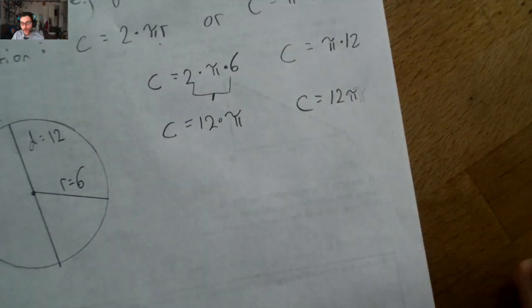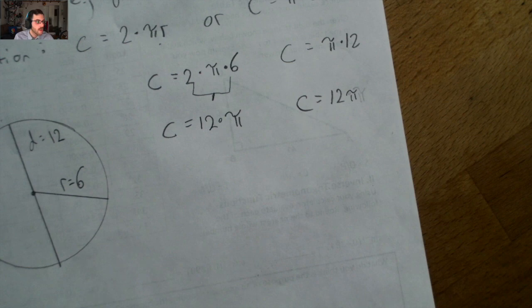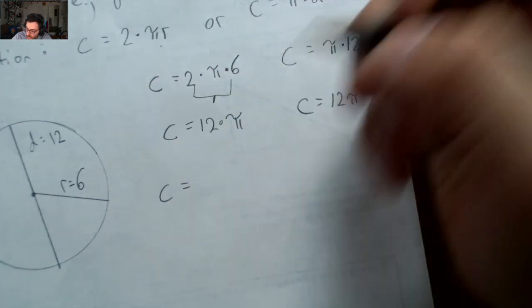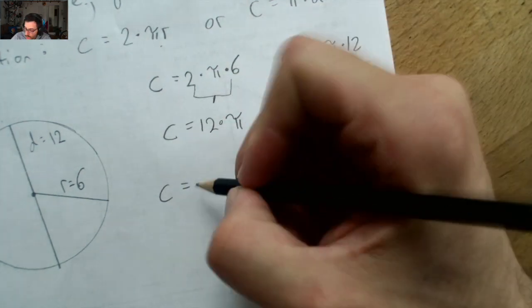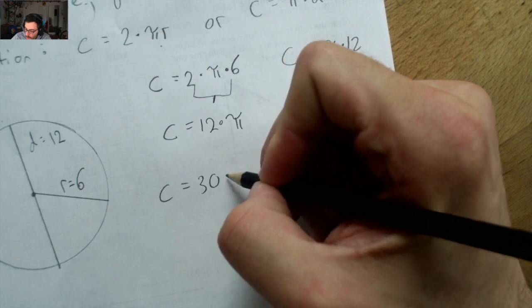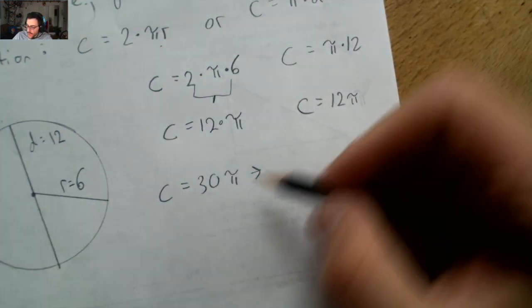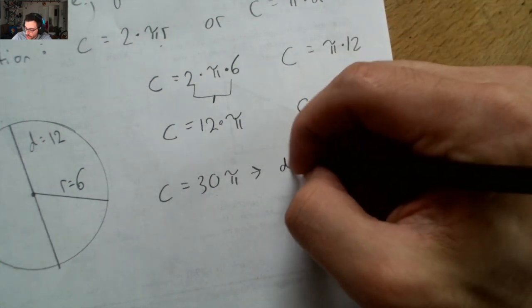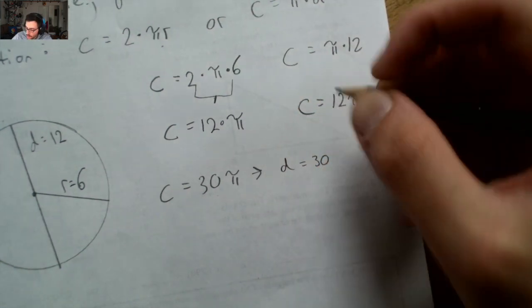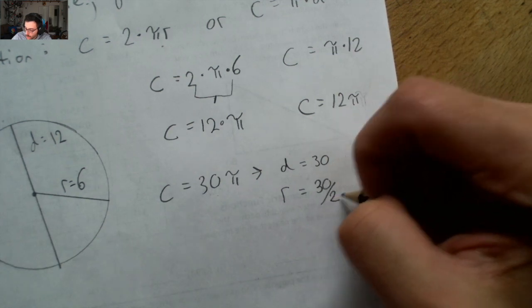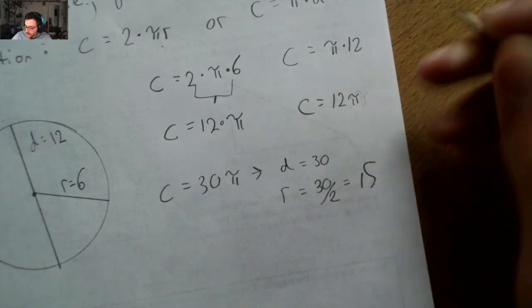So this is how you go in one direction. If we're told the circumference, say, for instance, the circumference of a circle is 30 pi, we can say that the diameter would be 30 and our radius would be equal to 30 divided by 2, or 15.